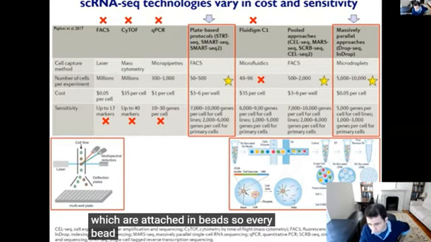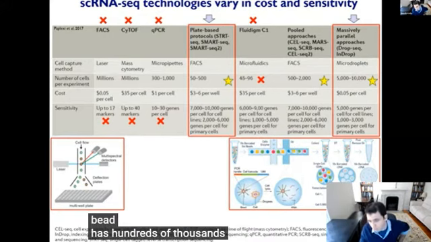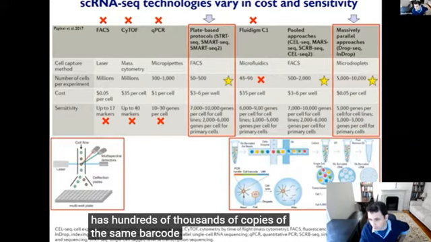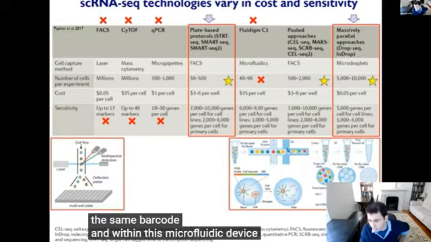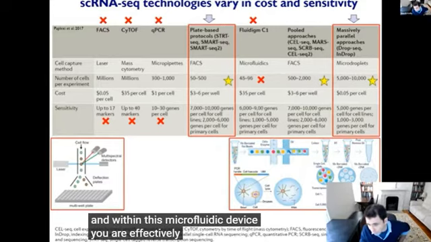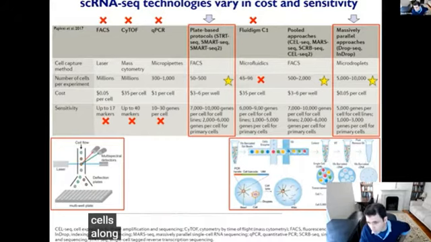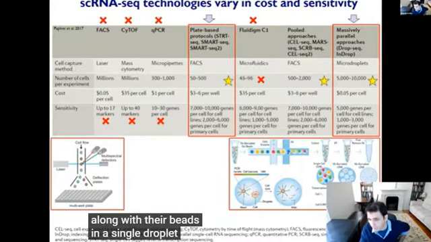So every bead has hundreds of thousands of copies of the same barcode. And within this microfluidic device, you're effectively capturing individual cells along with their beads in a single droplet.